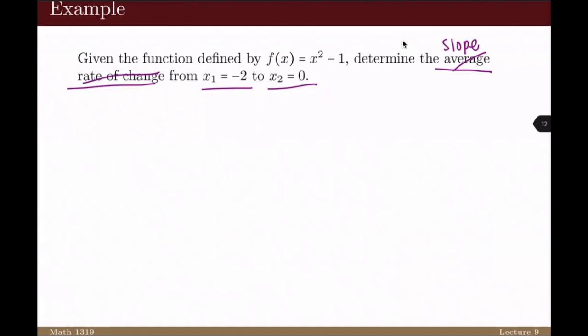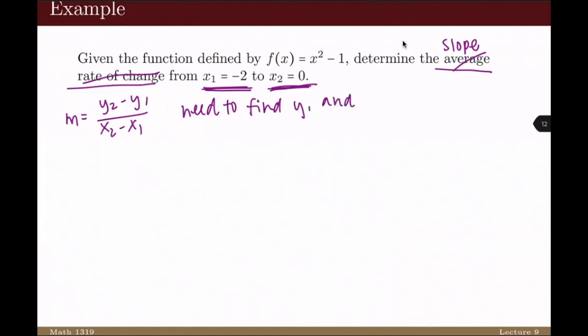So we want to find the slope from -2 to 0. Well, the equation for slope was y2 minus y1 over x2 minus x1. All I'm given are x's, so I need to find my y1 and y2 before I can find the slope.